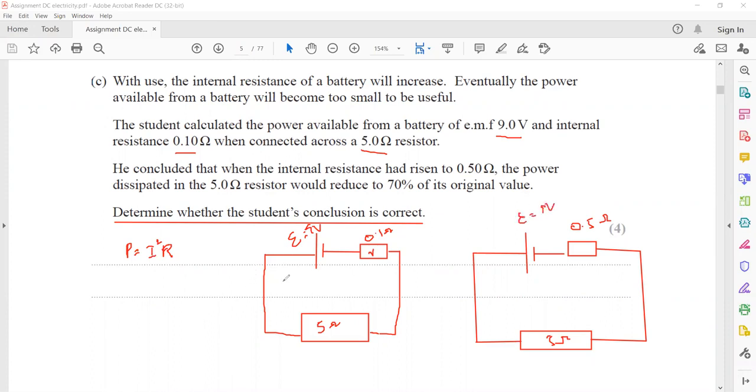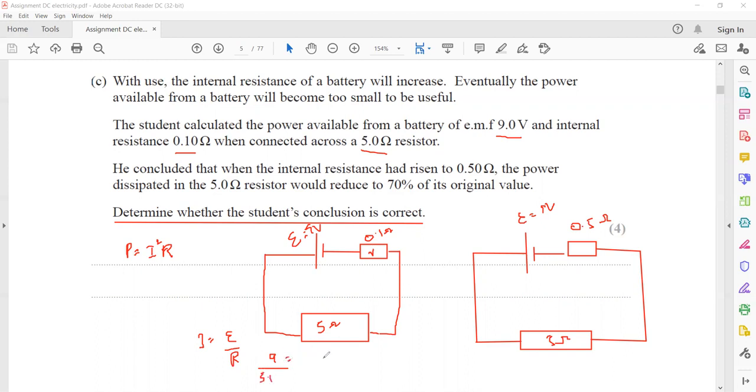So first we'll find the current in the first circuit. How can we find the current? V is equal to IR, so I is equal to V divided by R. We have the voltage 9, and the combined resistance is 5 plus 0.1, so it will be 5.1.